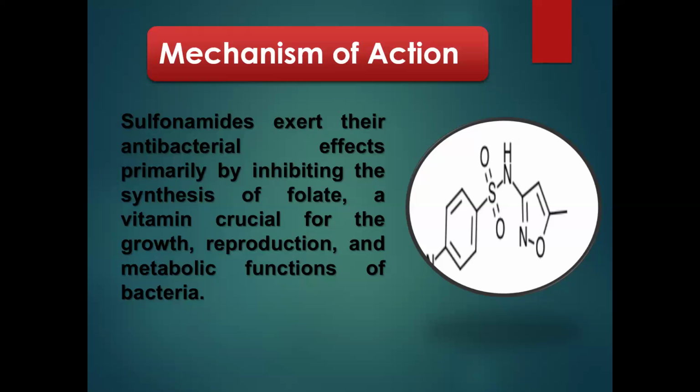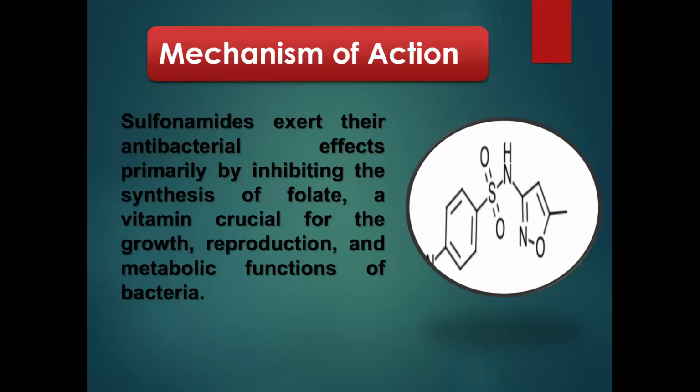So prevention of the synthesis of this dihydropteroate synthase leads to the lack of production of folates, and lack of production of folates affects the production and synthesis of nucleic acid. And this happens in the following ways.